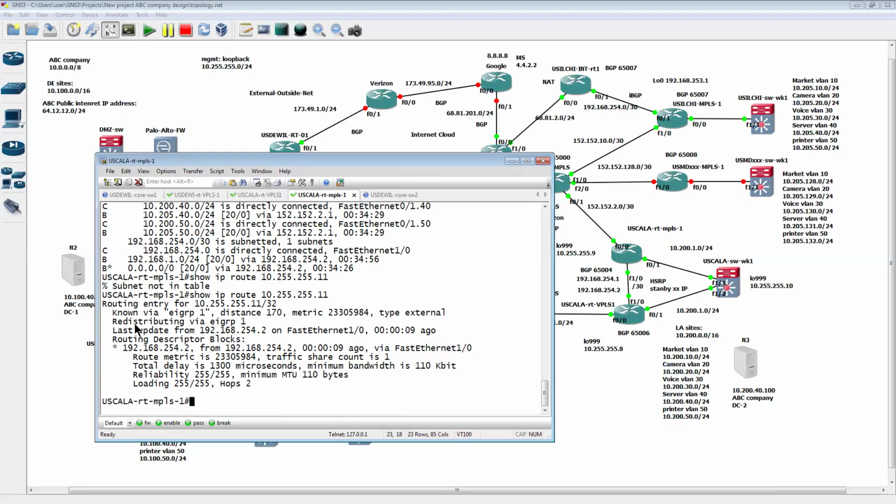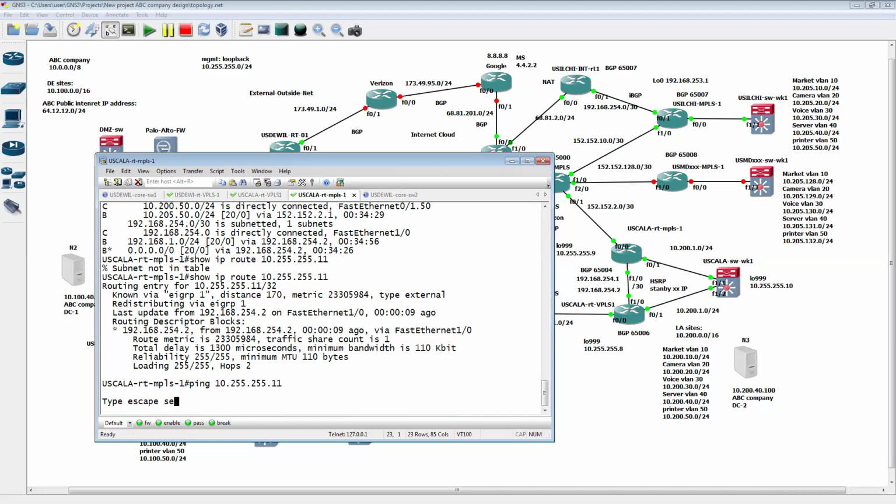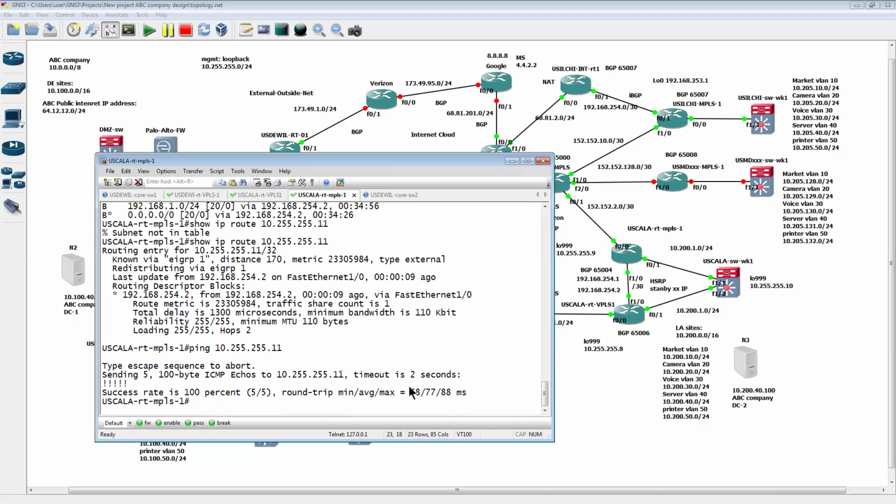Okay, so now you see this is learned via EIGRP. That's good. It's beautiful, right? Now, can I ping all the way to 10.255.255.11? Beautiful. Now everything that is sitting here, you should be able to ping.